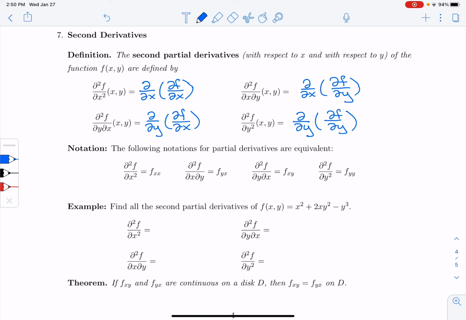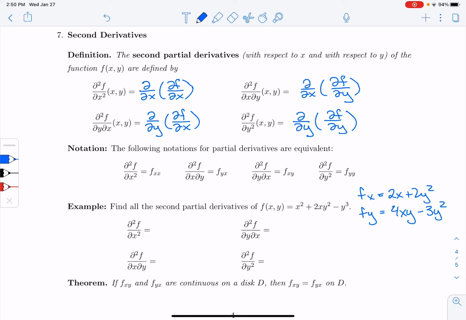Okay, so let's look at this function we looked at before. f of xy is equal to x squared plus 2xy squared minus y cubed. We found the x derivative earlier, and we saw that it was 2x plus 2y squared. And we found the y derivative earlier, and we saw that that was 4xy minus 3y squared.